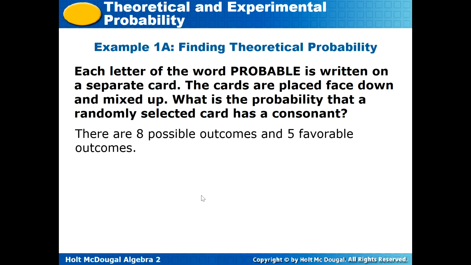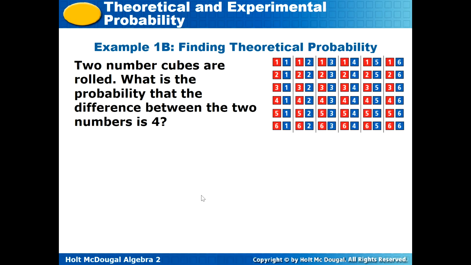You could pull up a P, an R, an O, a B, a A, a B, an L, an E. There's 8 possible outcomes. How many are consonants? 5. You have a P, R, B, B, and L. So all you have to do is put it into a fraction, 5 divided by 8, which is 62.5% when you put that in your calculator.